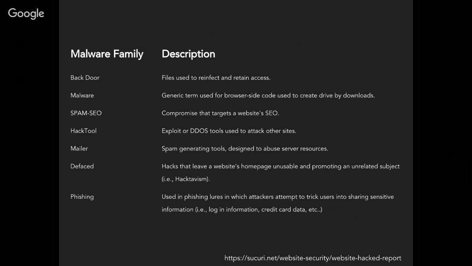Exploits or DDoS attacks are used to attack other sites, so they might use your site to launch attacks on other sites. Some hacks will attempt to use your site to send mail or abuse other server resources that might be available to your site.